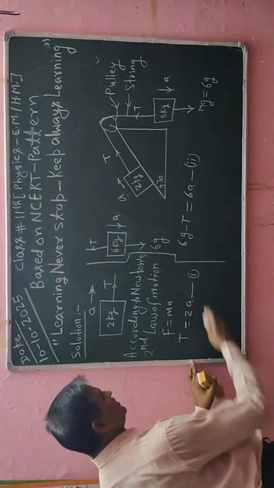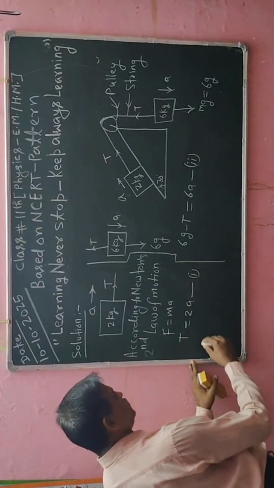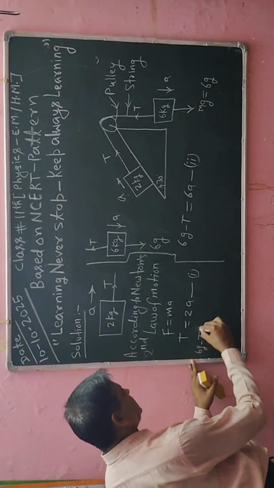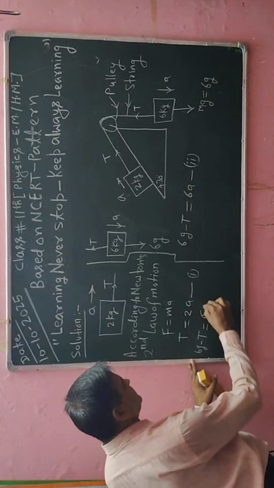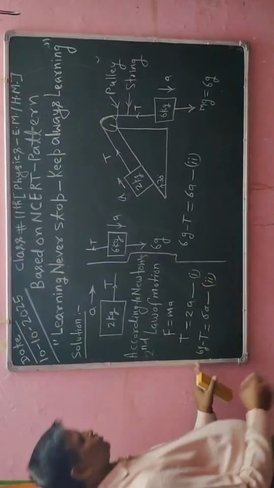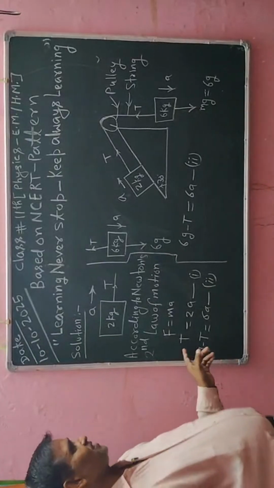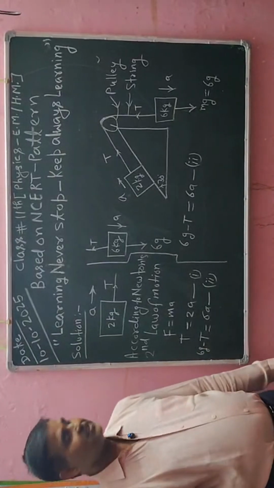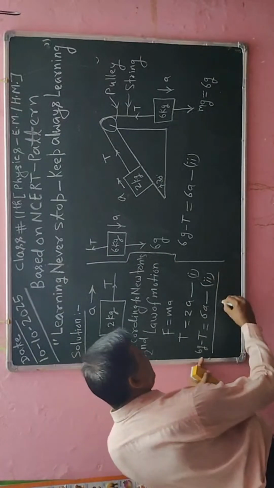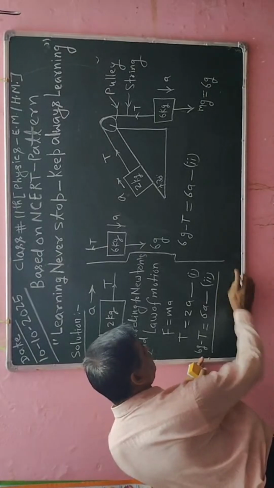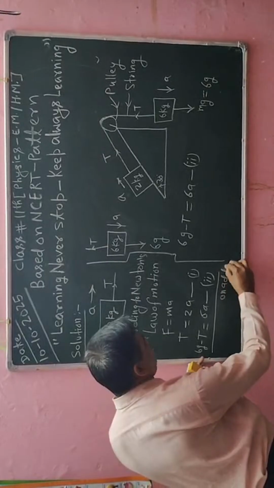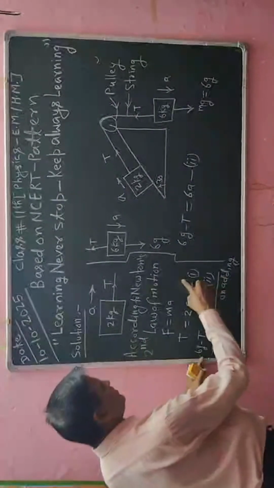Okay, so you concentrate here. I am going to solve it. Equation number 2, I am going to write here: 6g minus T is equal to 6a. This is equation number 2. Now I am going to apply the elimination method because here T and minus T will cancel out. So I will write one statement: on adding equation number 1 and 2.